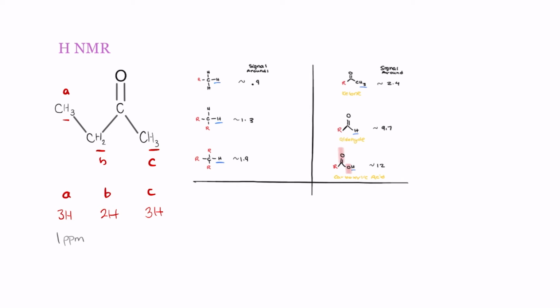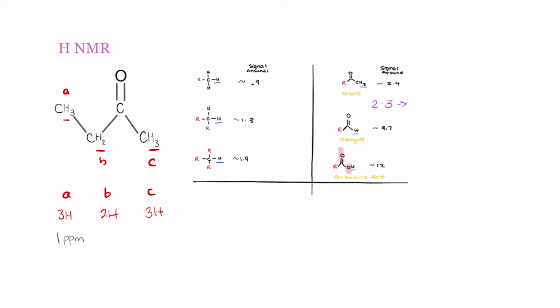Now let's skip B for a moment and move on to signal C. Signal C is our perfect ketone signal. And over here we see that when we have a ketone, our ketone hydrogens are going to give us a signal around 2.4. Now I want to take it a step further and let you know that ketones tend to occur between 2 ppm and 3 ppm.